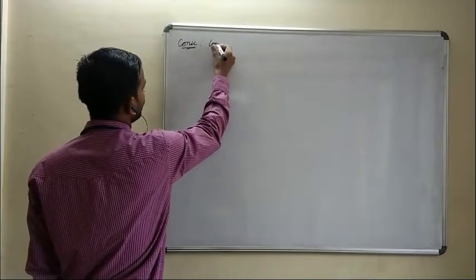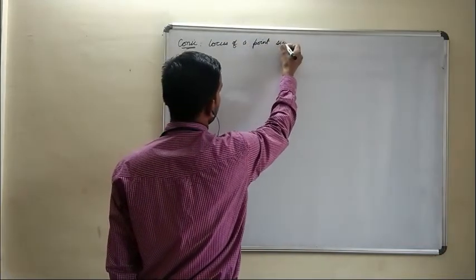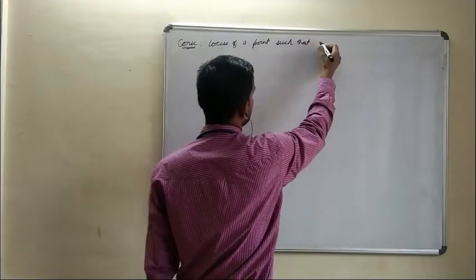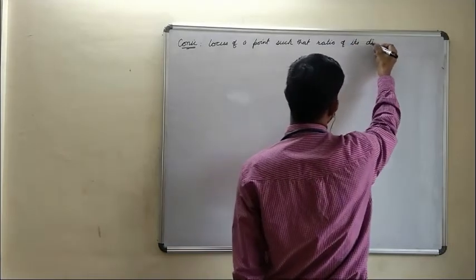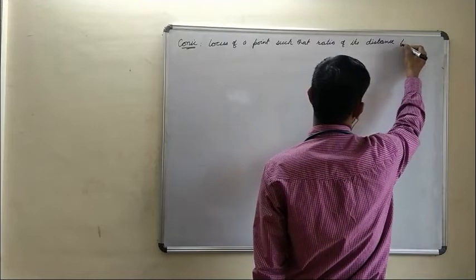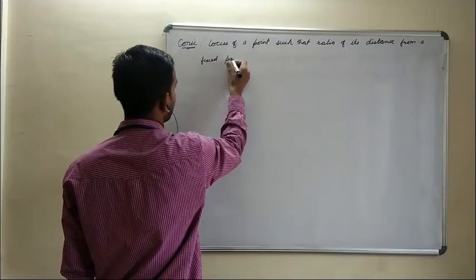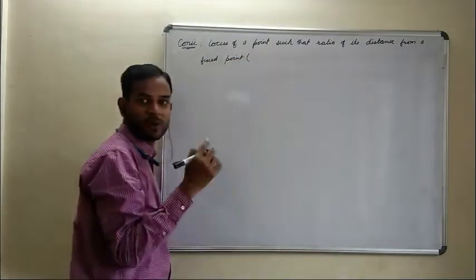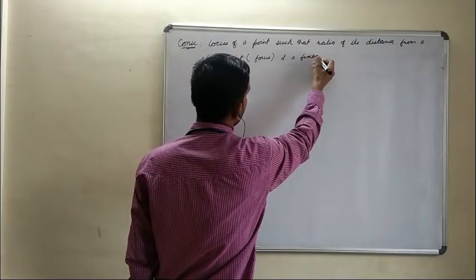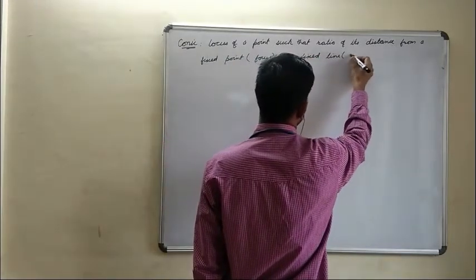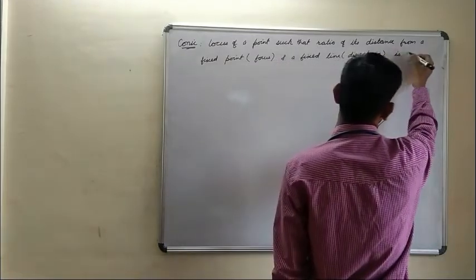So it is locus of a point such that ratio of its distance from a fixed point, we call fixed point as focus, and a fixed line, which is called directrix, is constant.